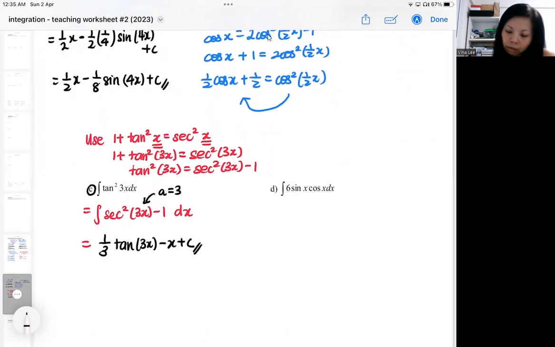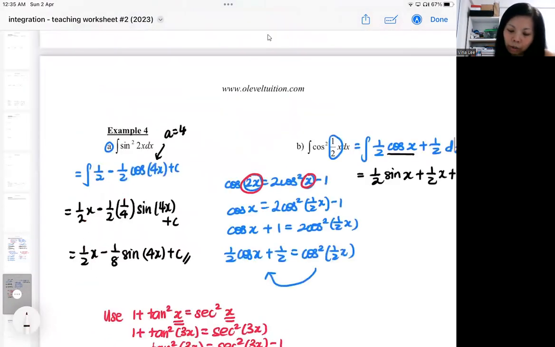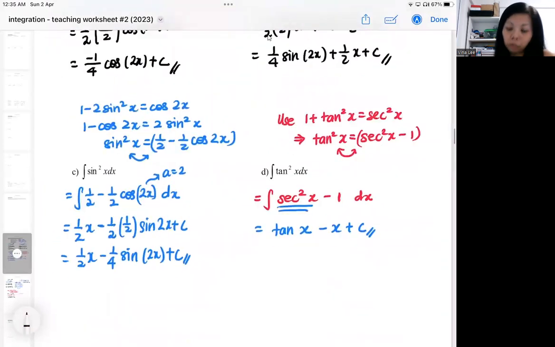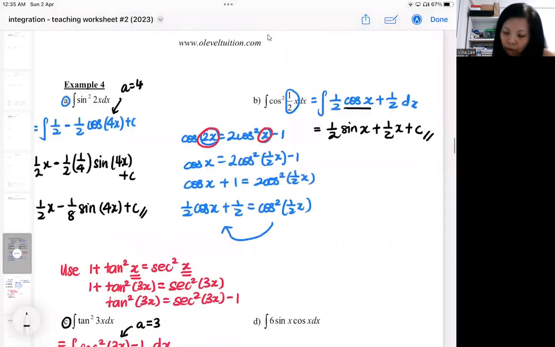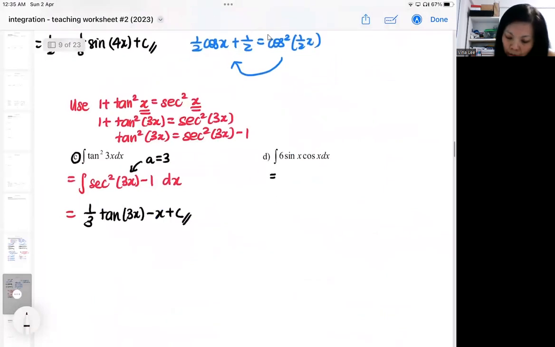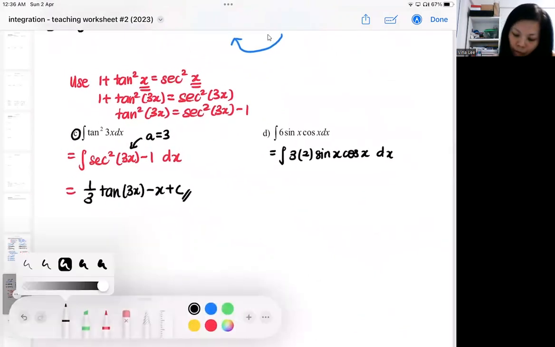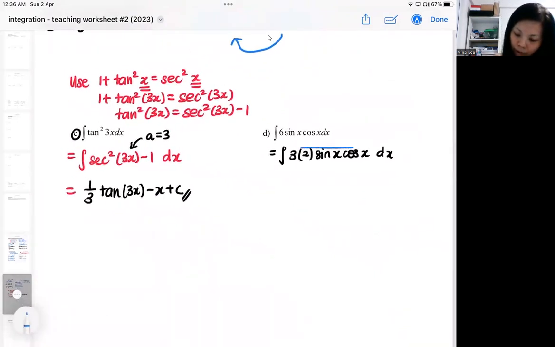Okay, and this one, just now when we were trying to do sine x cosine x, we used sine 2x double angle. So this one is the same idea. This one, if you explore a little bit, you just explore the number 6. In a way, you break the number 6 to 3 times 2. When you break that successfully, this part is your double angle.